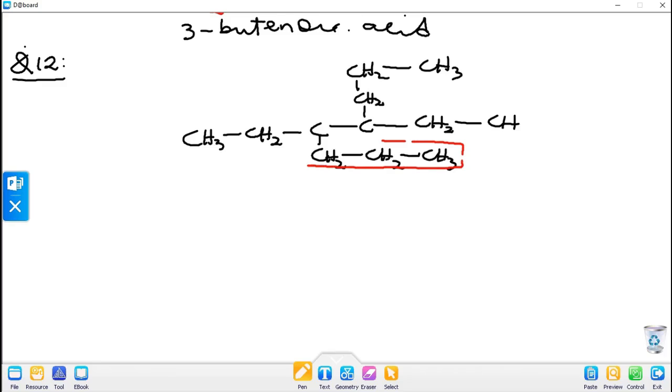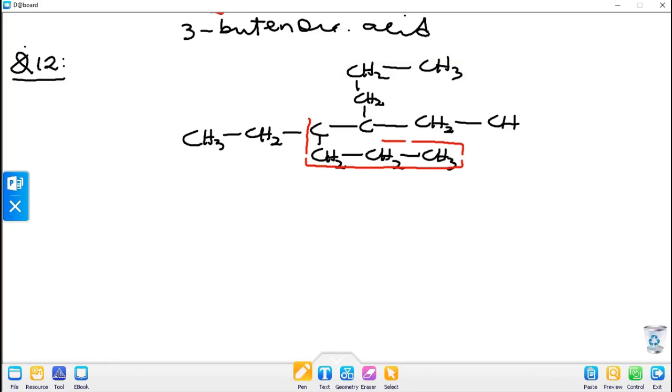If we choose to take our chain this way, and that way, and this way, that way, and that way, and then we have this way. Let's take a look at this.